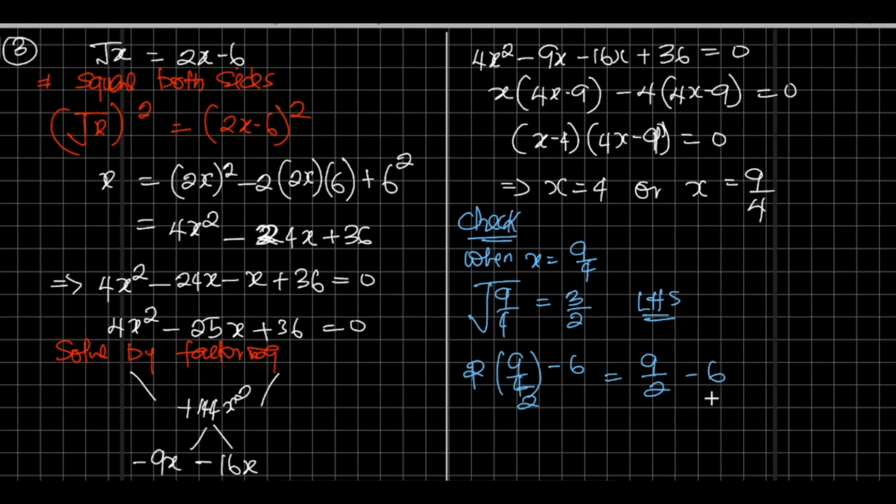Okay, 9 over 2 minus 6, that will be 9 minus 12 all over 2. So that will be minus 3 over 2, which is the RHS. So this is not correct because LHS equals 3 over 2, which is not equal to RHS, which equals minus 3 over 2. So you can see that the condition does not satisfy that. So we need to check for x equals 4.